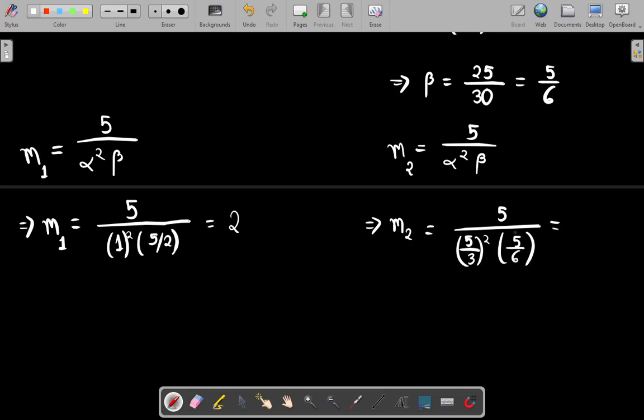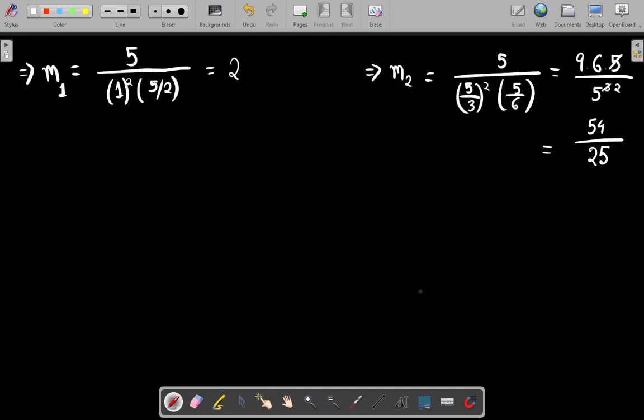Okay, so 3 square is 9, so this 9 goes to the numerator, 6 goes to the numerator, and 5 is in the numerator, this original 5, and we have 5 cube in the denominator. So we can cancel this, this becomes 5 square. So we get the value 54 upon 5 square is 25. Okay, so we get the two values of m.